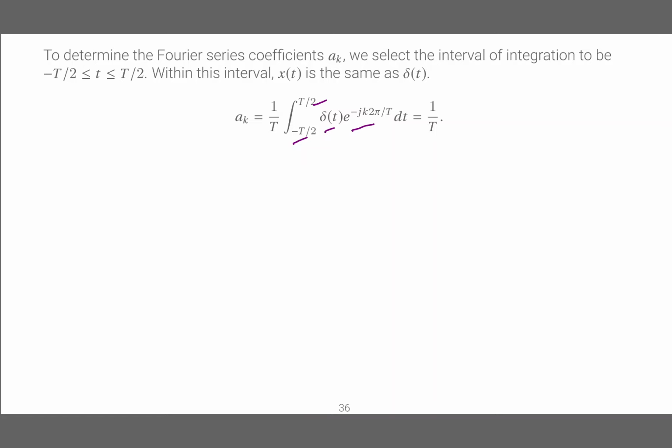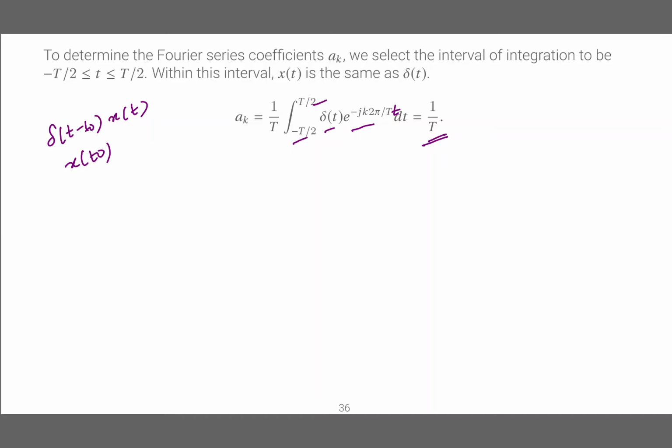So you know that when you integrate delta t multiplied by another signal, you get the value of the signal at that point. So delta t minus t naught multiplied by x(t), in practice, you can just consider x(t naught). So you put here, t is missing here, so t is equal to 0, so you get 1 over T is equal to 1.